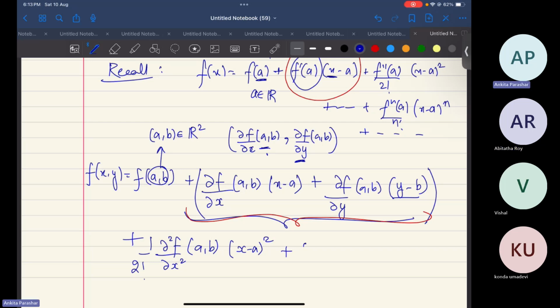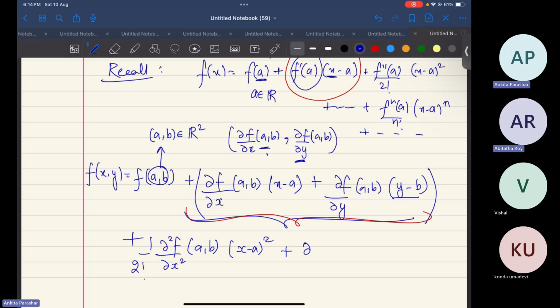Plus now there are two mixed derivatives, xy and yx. But we are assuming at the beginning itself, while writing the Taylor expansion, that the derivatives are continuous and therefore both are the same, so I can combine both.